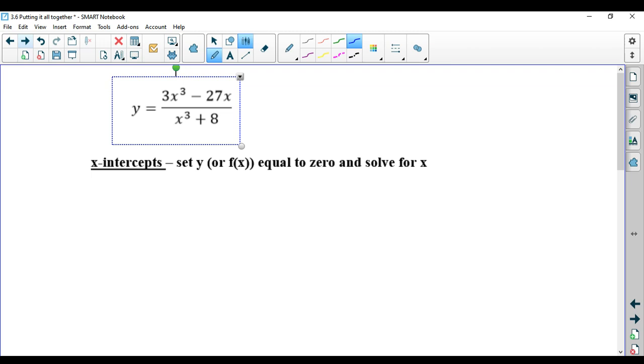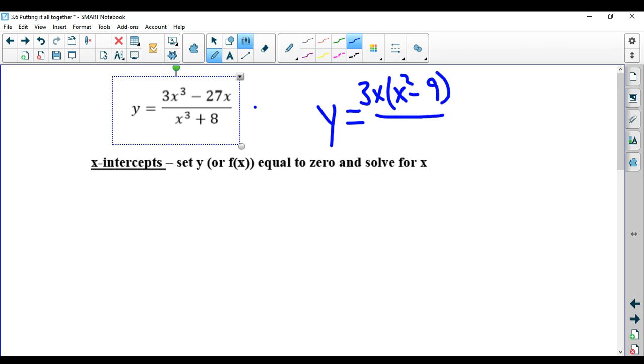The next example we're going to do is this rational function, which are usually a little bit more complicated. But nothing changes. You find these intercepts and asymptotes the exact same way. So what I like to do first when I see something like this is I'm going to factor it, because clearly the top factors.